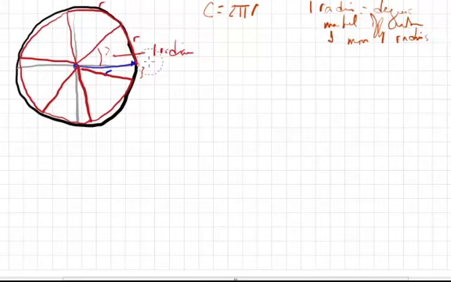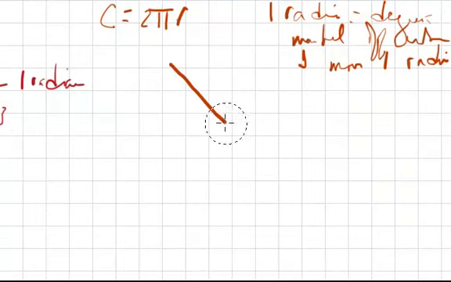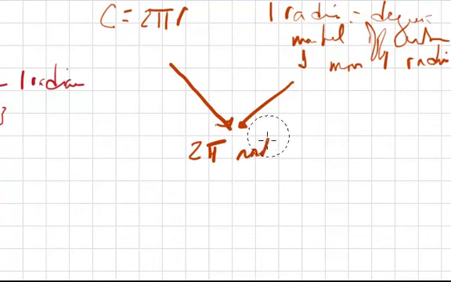So if I move 1 radius, that's 1 radian. And I know that there's 2 pi radius as I go around a circle. So if there's 2 pi radius as I go around a circle, and 1 radian equals just one of those, then it follows that there are 2 pi radians in a circle.